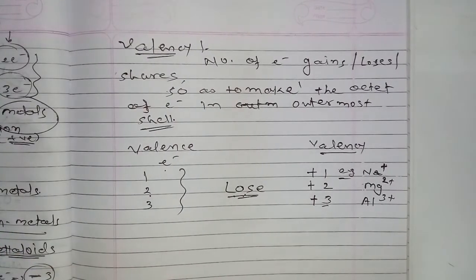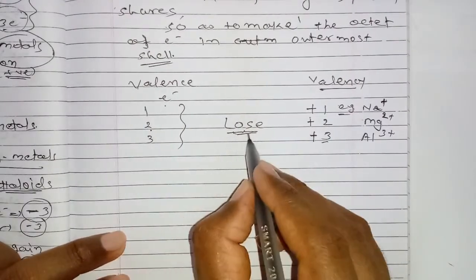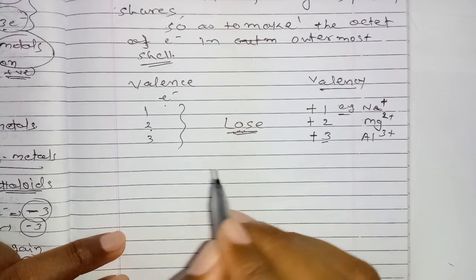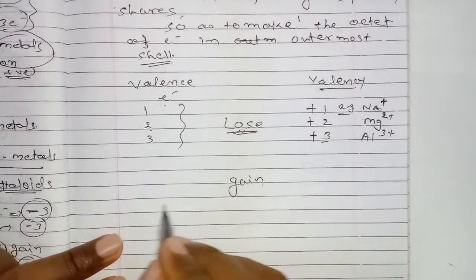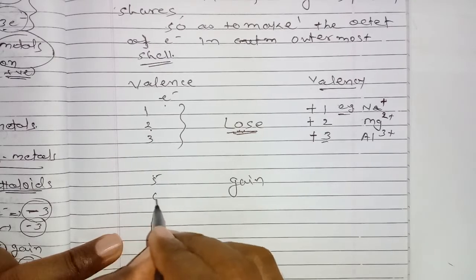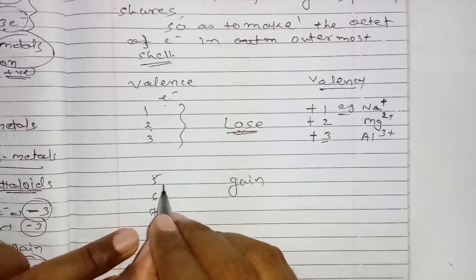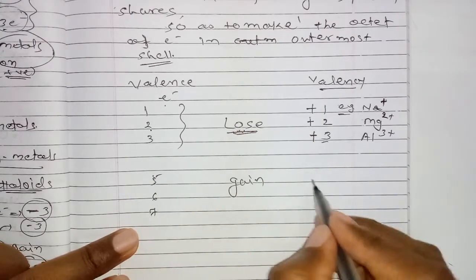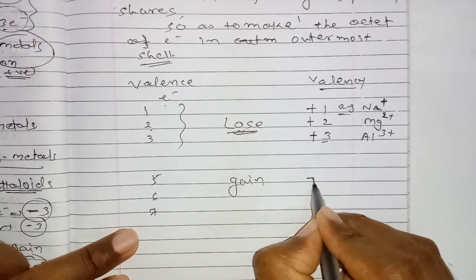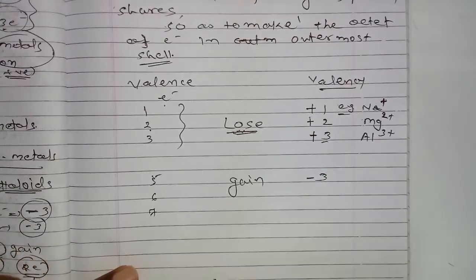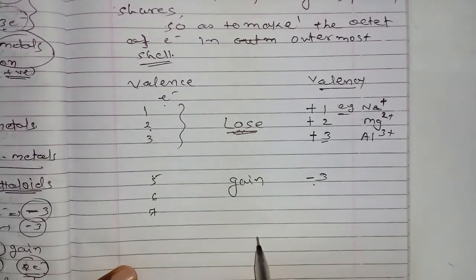Okay, now this is the concept for when an atom loses electrons. Now, when it gains electrons, there are 5, 6 or 7 valence electrons. With 5, it requires 3 electrons to complete its octet, so its valency is minus 3.